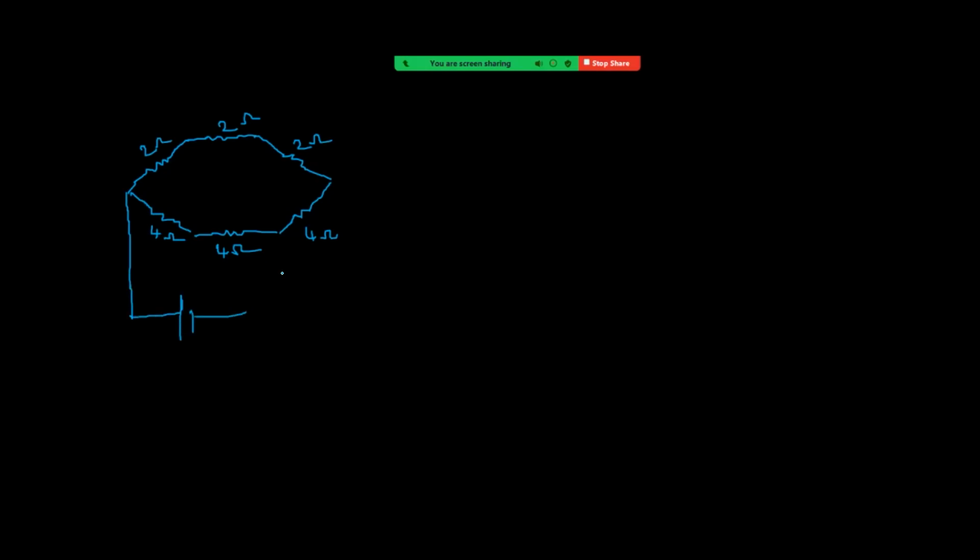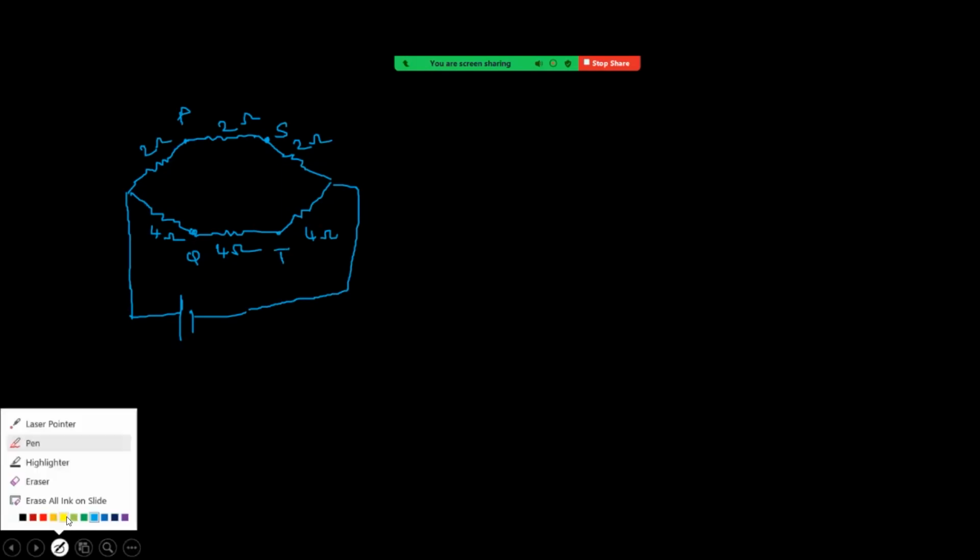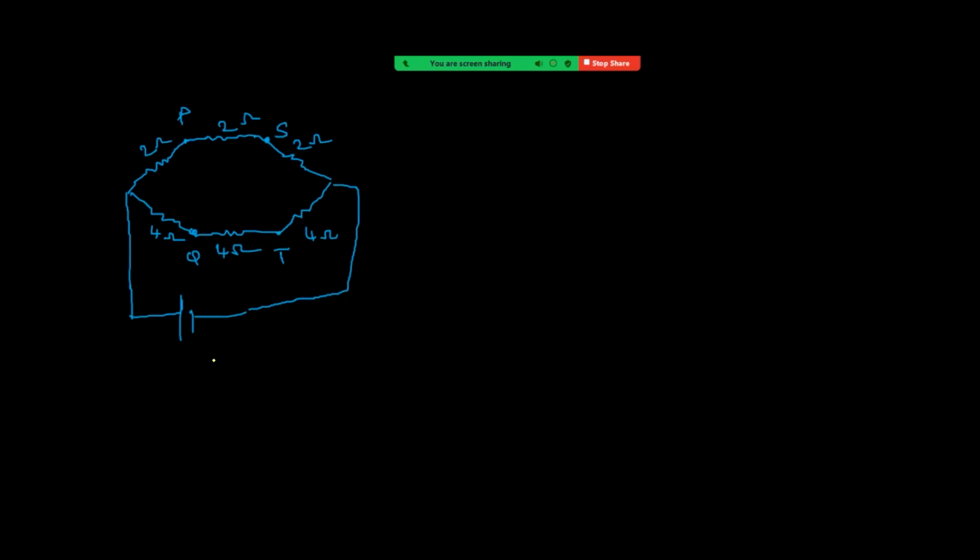This is connected to a 12-volt battery. So here this is P and this is Q. And next this is S and this is T. Here we have taken that at P and Q, same potential, and S and T, same potential.